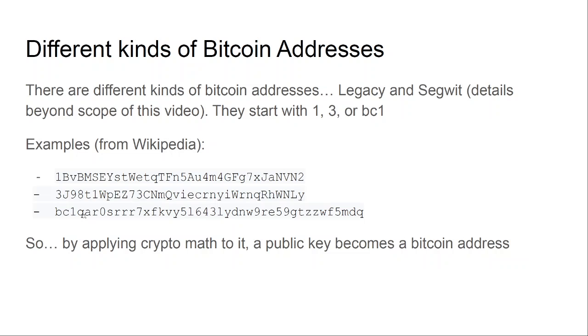This BC1 is a more modern way of generating a Bitcoin address, and it's the preferred way. I'm just introducing it here to show you examples of what a Bitcoin address looks like. By applying a crypto mathematical function to a public key, we get a Bitcoin address, which could look like one of these three examples.